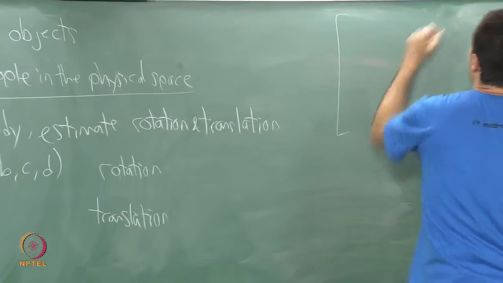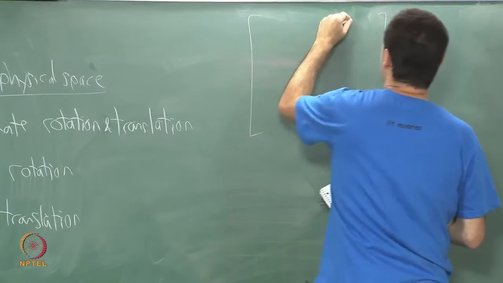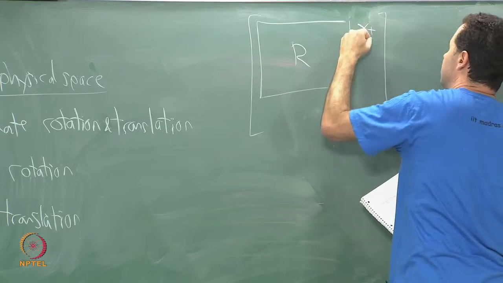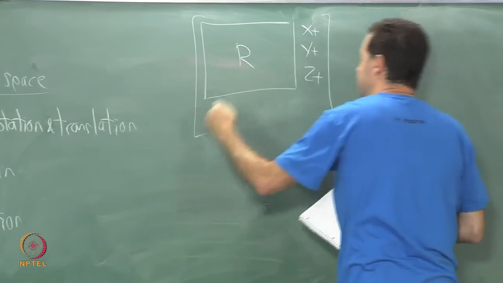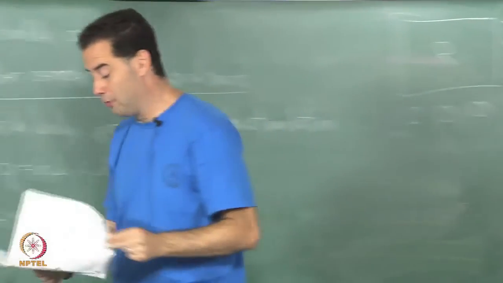Which, using our homogeneous matrix representation, we had the 3 by 3 matrix and then xt, yt, zt, and finally completing the 4 by 4 matrix like that.